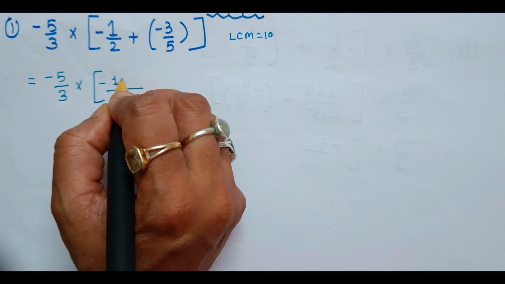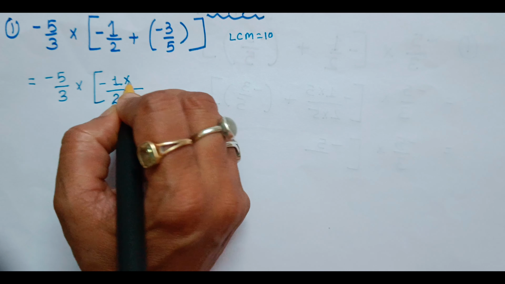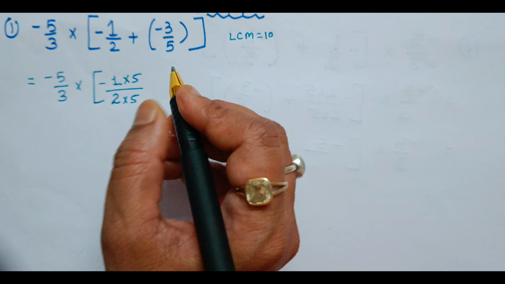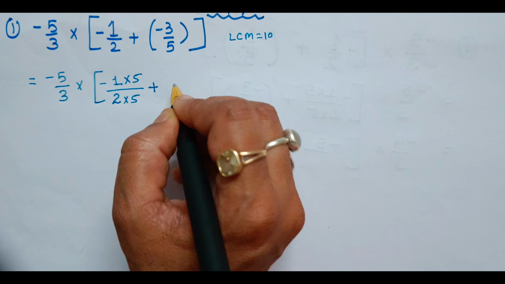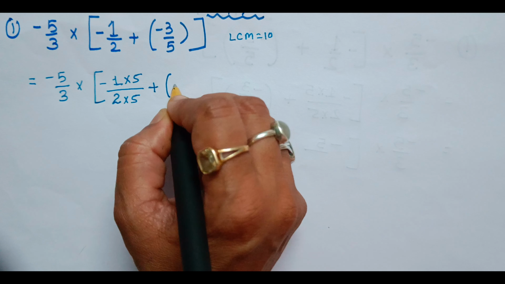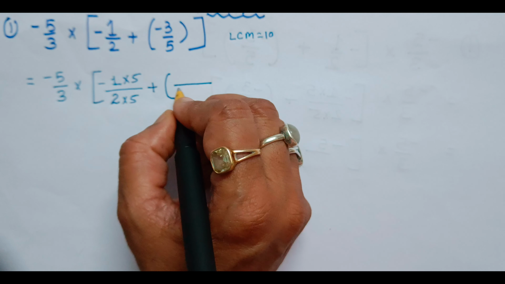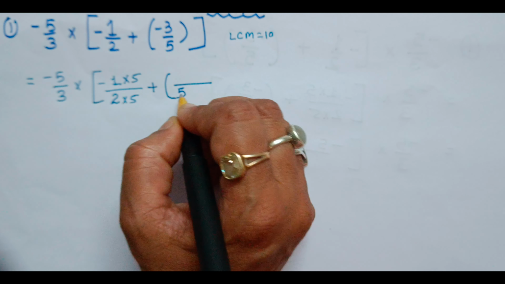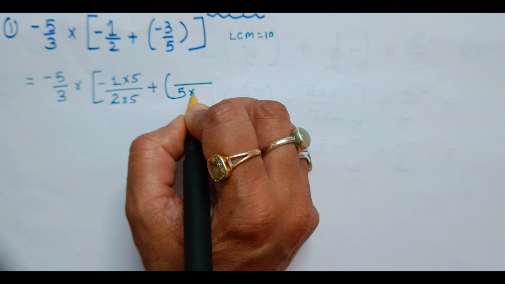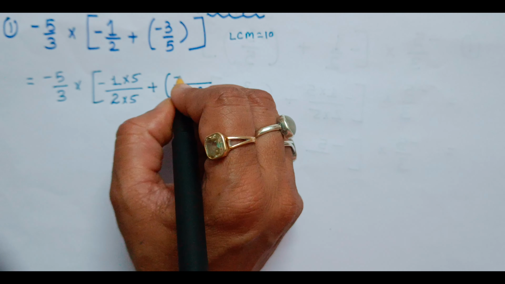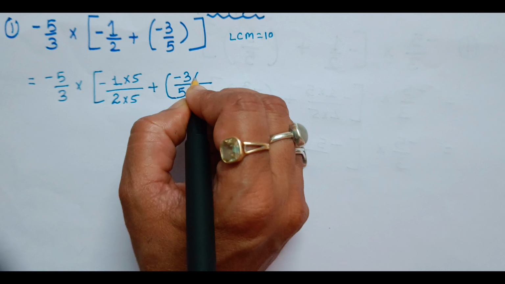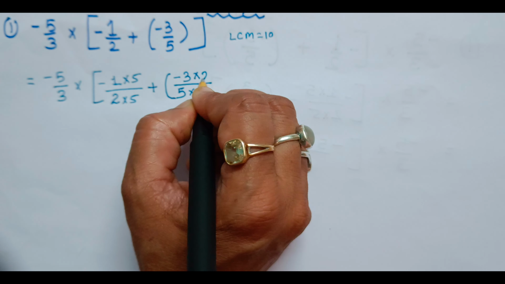So we multiply by minus 1 by 5 in the numerator, plus. Here, for getting the 10, we multiply in the denominator 5 by 2. So in the numerator, minus 3 multiplied by 2.